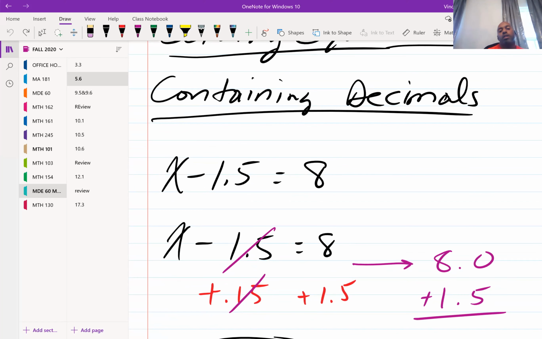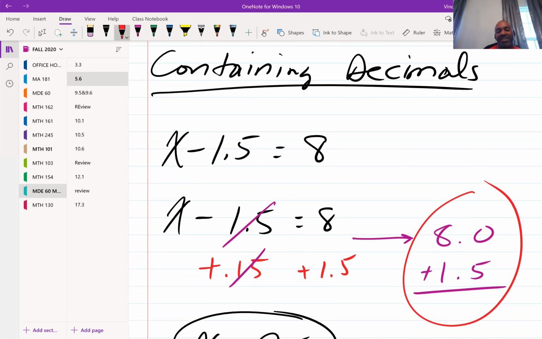So now if you were going to do it by hand, you would set it up this way. At least that's how we would back in the day, old school, adding up decimals. I don't know what's going on nowadays, but you set up your decimal, add a little 0 for your placeholder, and then just add away. And that'll give you 9.5. You guys can use the basic 4-function calculator.